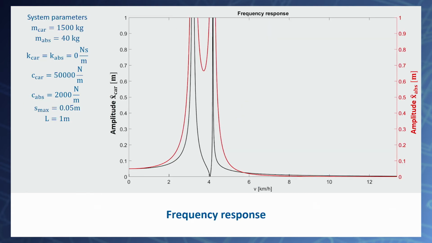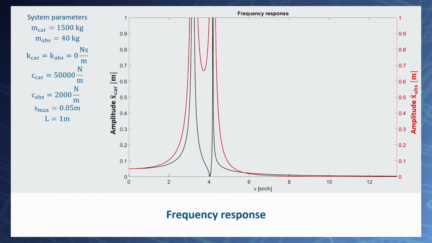Now, what does the frequency response look like for such a system? You see on the left-hand side the system parameters for the masses, and the damping rates, which are here set to 0, so it's a non-damped system. You see the spring rate of the car suspension system, the spring rate for the attached absorber mass. We also see the amplitude of the excitation, and the length of the excitation.